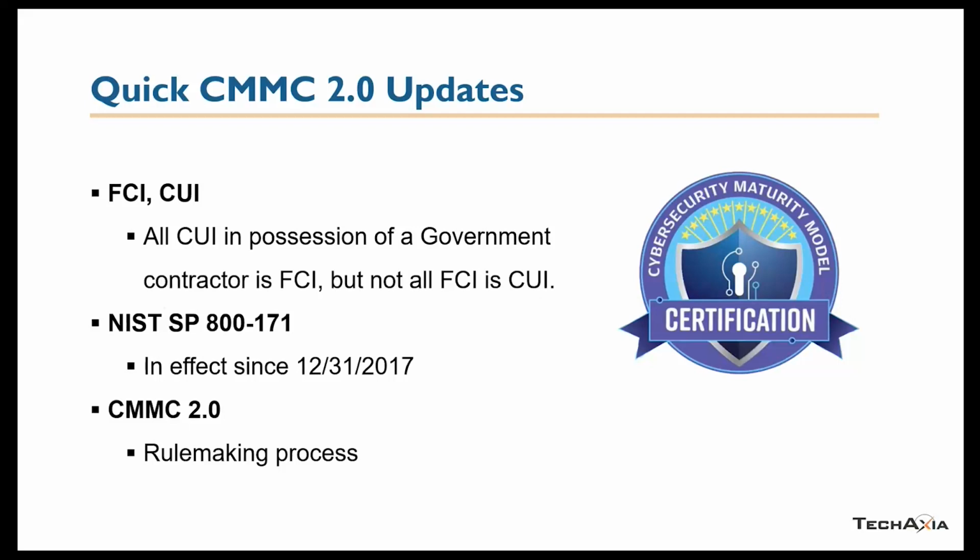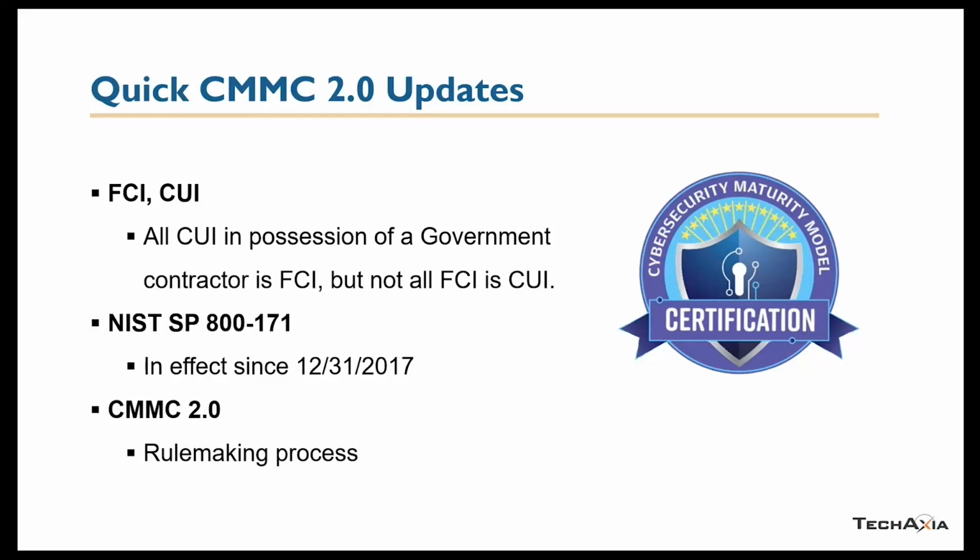Because of time, we'll not go into the weeds of FCI, CUI, and the different types of CUI. There are actually subcategories of CUI as defined by NARA, but suffice it to say that when it comes to CMMC, the sensitive data we are concerned about is Federal Contract Information and Controlled Unclassified Information. Those are the sensitive data types that we want to protect.